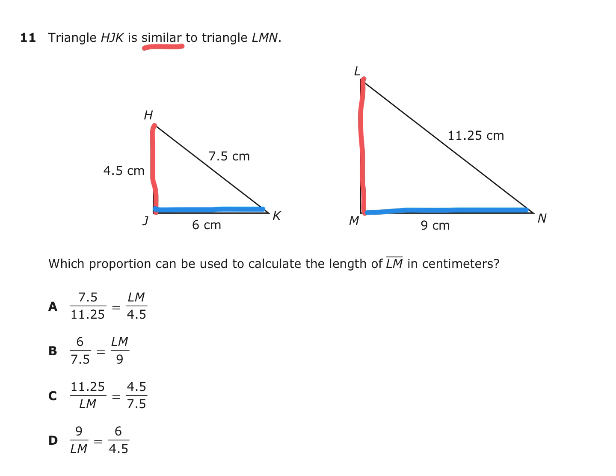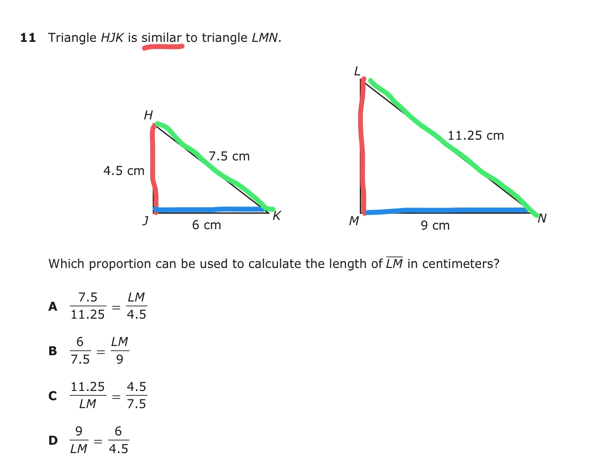And then what looks like a hypotenuse, this HK side, is proportional to this LN side. 7.5 is proportional to 11.25. And so we need to look for the right proportion. We're looking for LM. So let's take a look at the answer choices here and see what we can come up with.